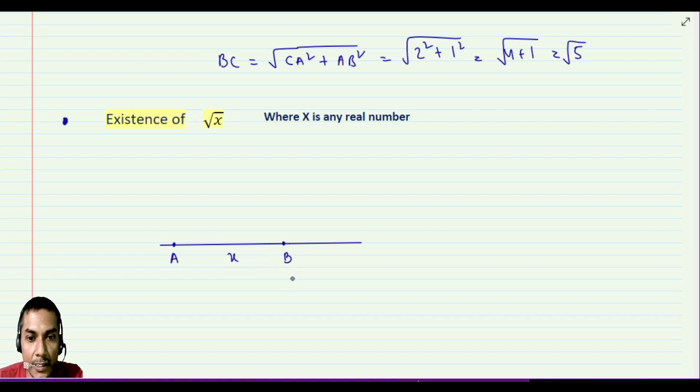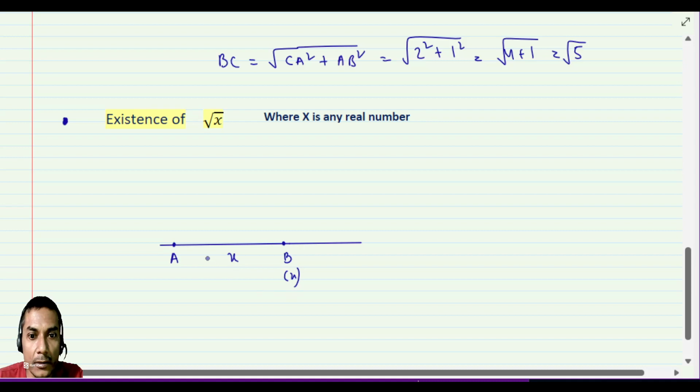This is the x distance. So B represents the point x. The distance is x, and B represents the point x.